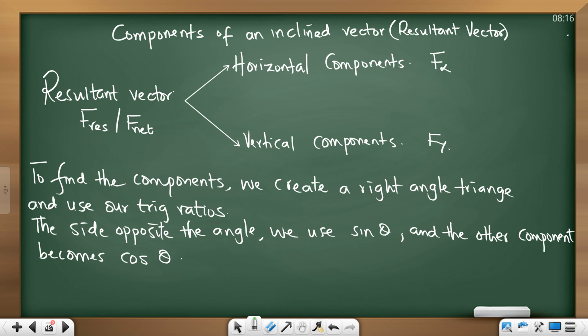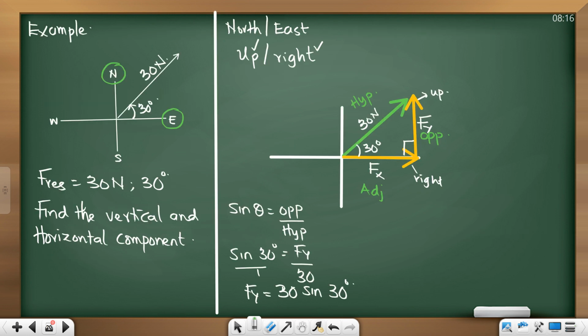Everybody good? All right. So I could have just simply looked at this and known that it is the side that is opposite. All I'm going to say is Fy is F resultant sine of the angle. The side opposite, we use sine. You just bring it: F resultant sine of the angle.